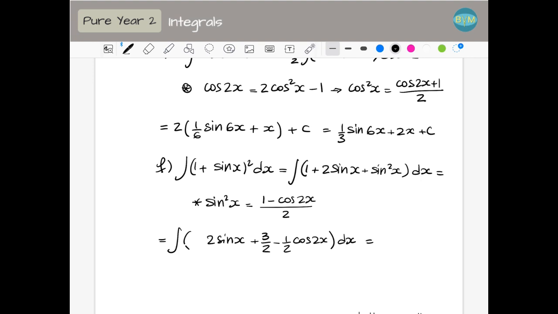So when I integrate this, I have integral of sine is cos, but negative, and I have a 2 at the front, so minus 2 cos. Then integral of 3/2 is 3/2 x, and integral of cos 2x is going to be with the minus at the front, and this half is going to be sine 2x.